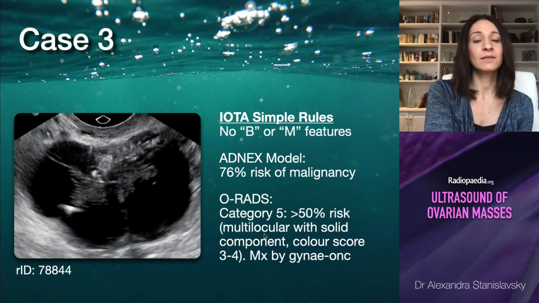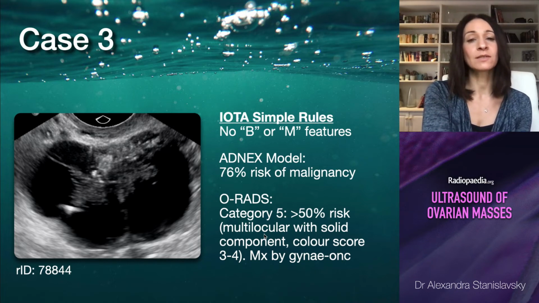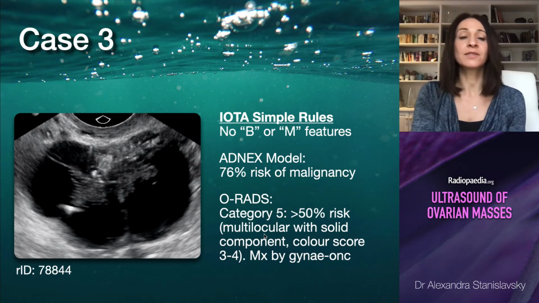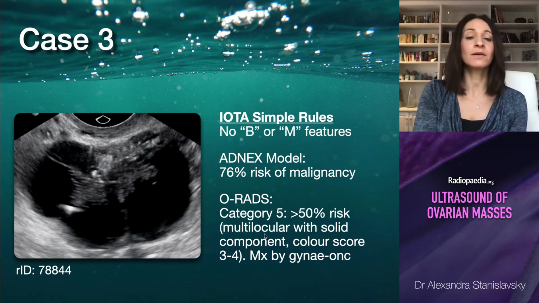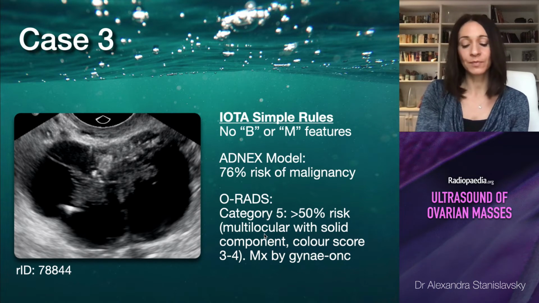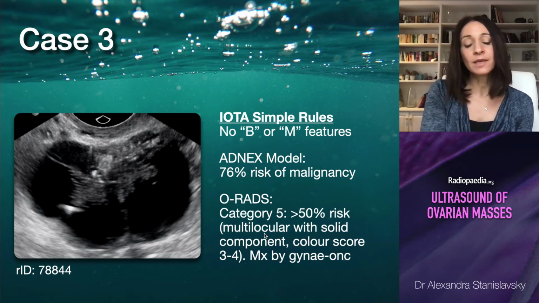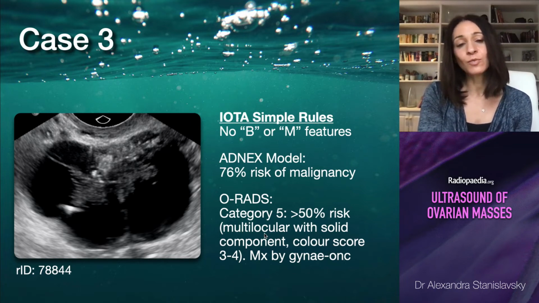Two points. Firstly, inconclusive lesions fall into that category where other assessment is required. So, of course, there's other clinical features and imaging features that will be taken into consideration. So, invariably, the diagnosis will be a malignant lesion for this. But the other point is, and I've withheld part of the history, this patient had an elevated CA125.